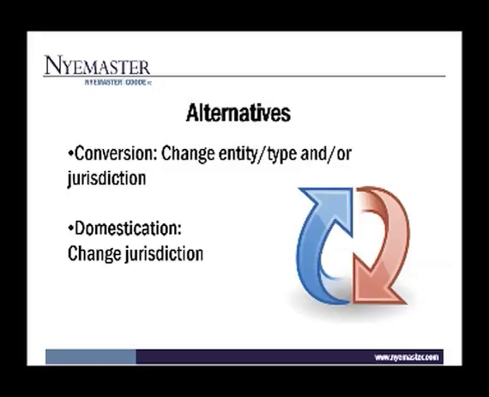A subset of conversion is domestication, where, like in the last example, you're just changing the jurisdiction of organization, Washington to Iowa, but it still remains an LLC. In most states, that is still called conversion, but note our LLC Act, IROLCA, contains a separate provision called domestication.